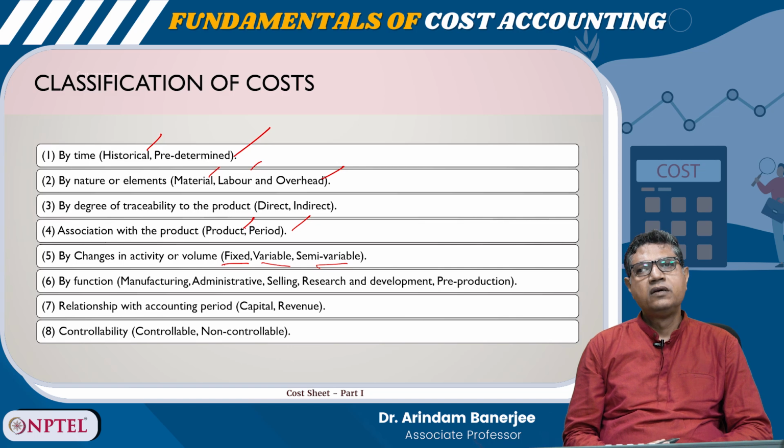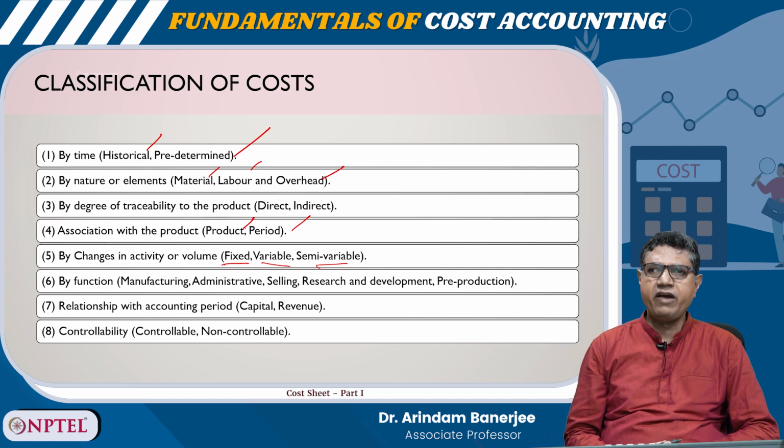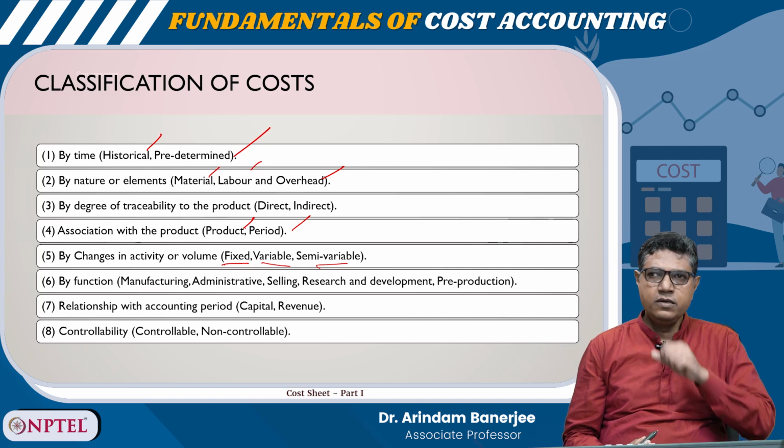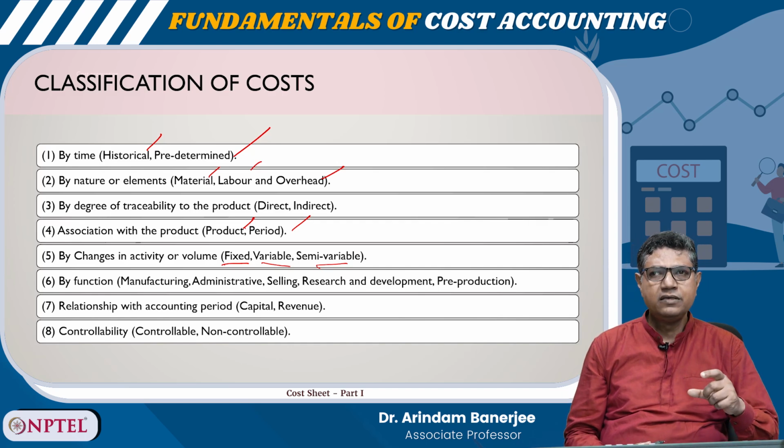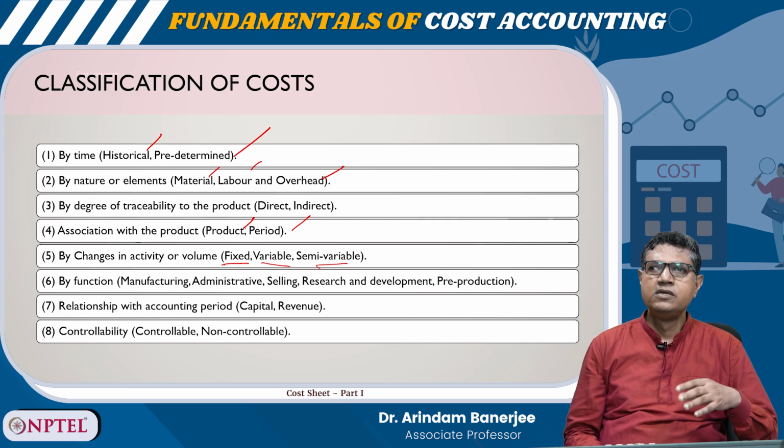For example, the workers in a factory, the remuneration structure may be like a fixed amount per month, and then an additional amount on the basis of their performance. So the performance bonus may be variable, but the fixed sum which is paid to the workers every month may be fixed.